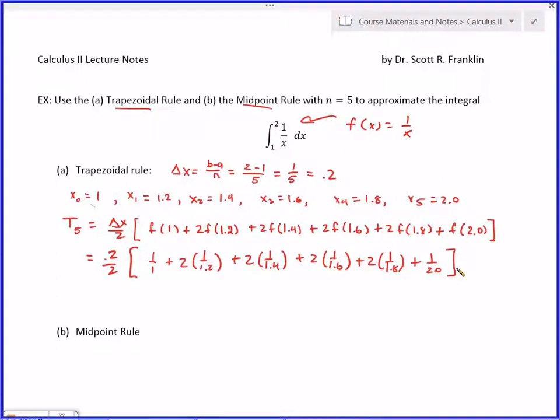And the rest is calculator. And I got 0.695635, to six decimal places.